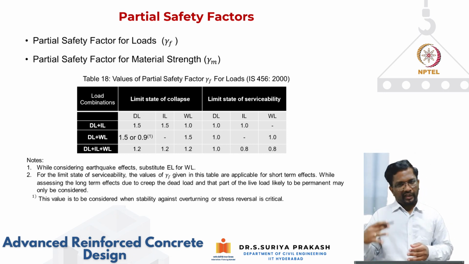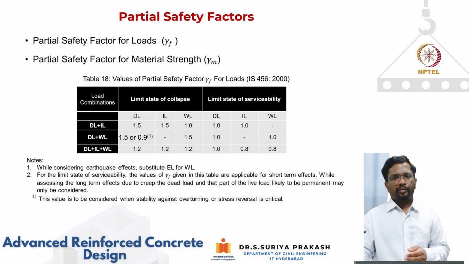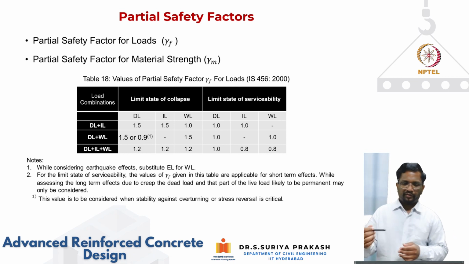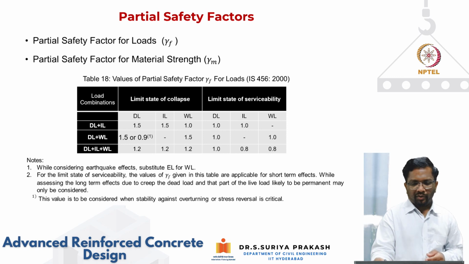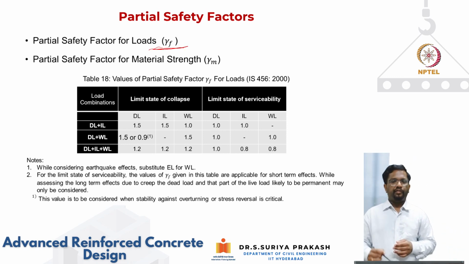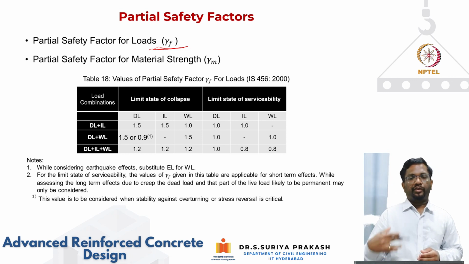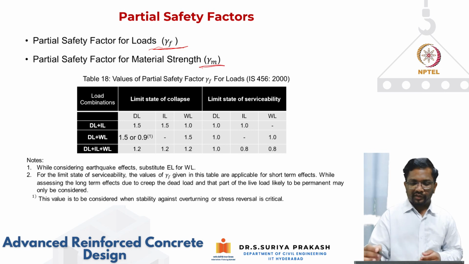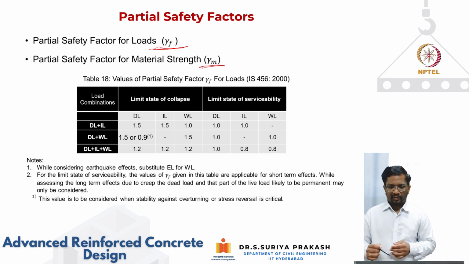And now, how is it actually included in your limit state design? As I've told you, we are going to increase the load effects by the load factor, which is gamma f here, and then we are going to reduce the material strength that we use for calculating the resistances by gamma m, which is the partial safety factor for material strength.